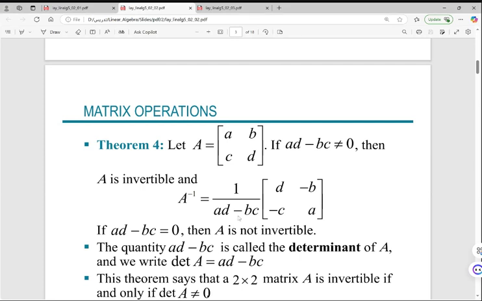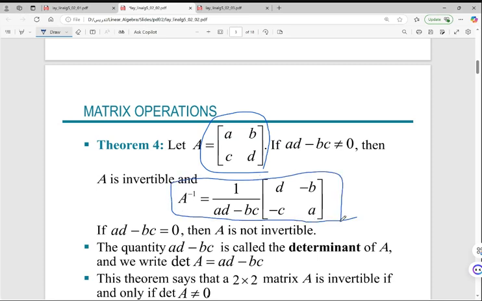So, for example, consider a 2 times 2 matrix with entries A, B, C, D. It is invertible if AD minus BC is non-zero, and in this case, the inverse is obtained by the following relation: A minus 1 equals 1 over AD minus BC times the matrix with entries D, minus B, minus C, A. Actually, you exchange the entries in the main diagonal and negate the other entries, right?